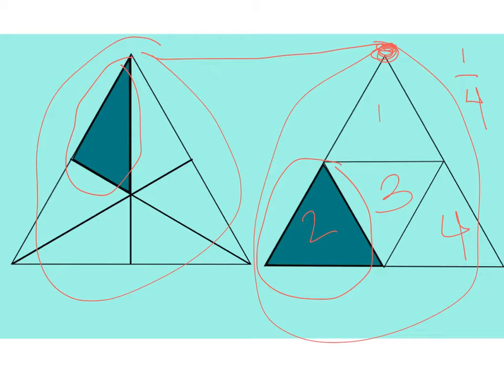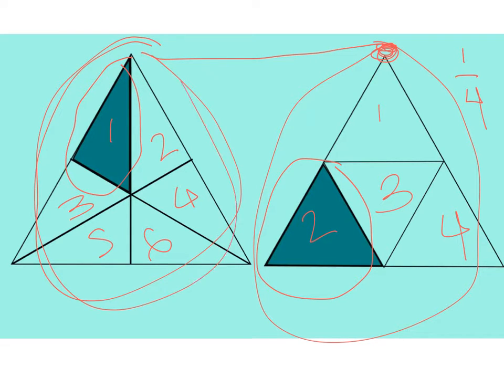And then when I take a look at the first triangle, I can see that it's split up into 1, 2, 3, 4, 5, 6 parts. So 4 parts and 6 parts. And of course we see that one of these smaller triangles inside of the triangle is shaded. So 1 out of 6. Okay, so 1/6 of the first triangle and 1/4 of the second triangle.